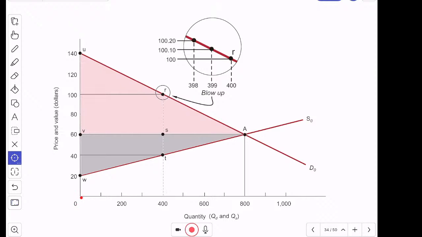So these consumers, the quantity demanded is 0 at this price. Okay, at this price, the quantity demanded is 0.